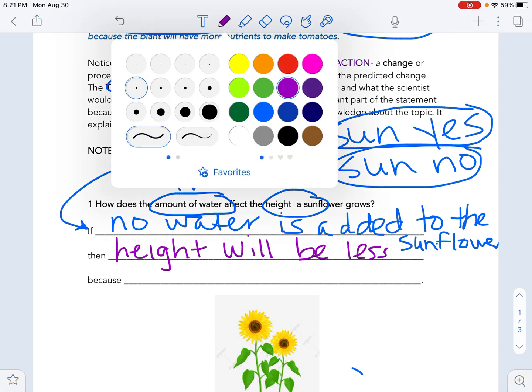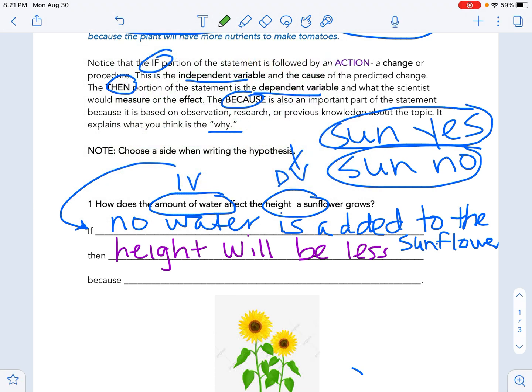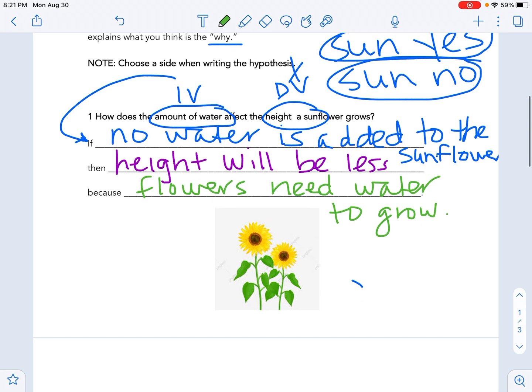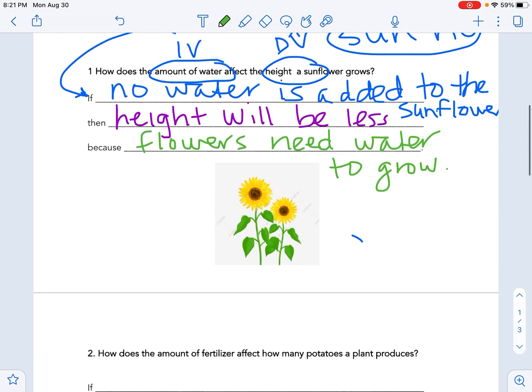And then we need to think about the why, because flowers need water to grow. Now we also could have talked about if 1 liter of water is added, or if 50 milliliters of water is added, and what do we think is going to happen to that sunflower?